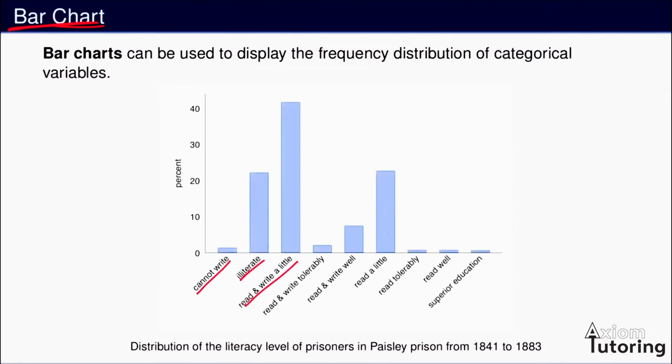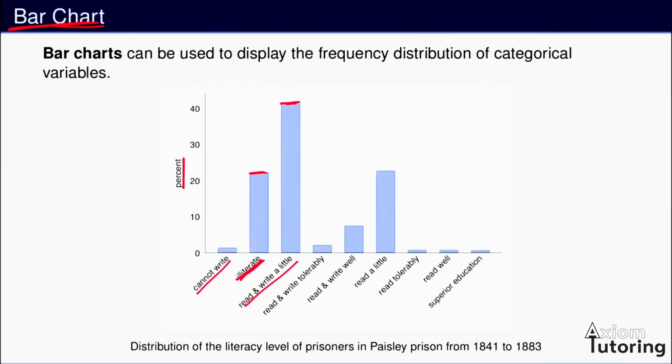And for every single category, we also see the percentage. Okay, so for example, the percentage of prisoners who are illiterate is slightly less than 25%. Whereas the percentage of prisoners who can read and write a little is approximately 40%.